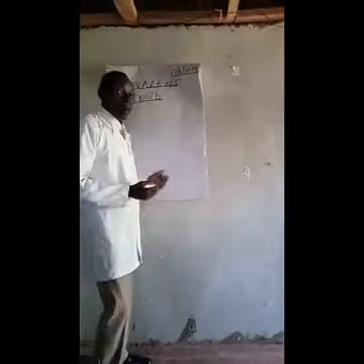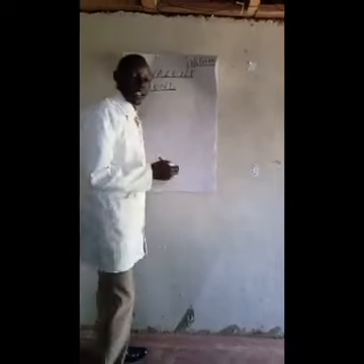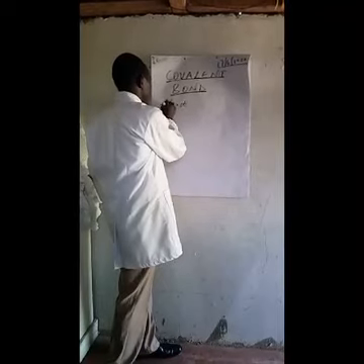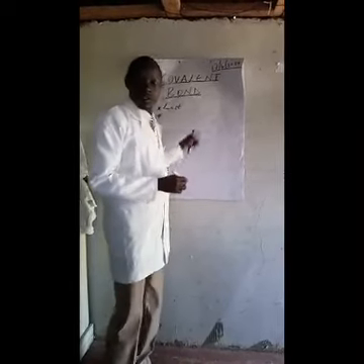In my introduction, I said that we have three types of bonds: ionic bond, covalent bond, and metallic bond. In the formation of these bonds, as we said in our last lesson, bonds are formed when electrons are either lost.